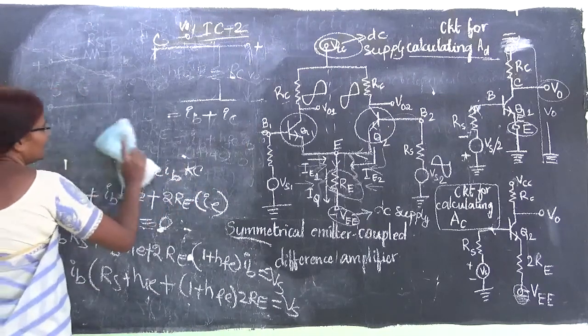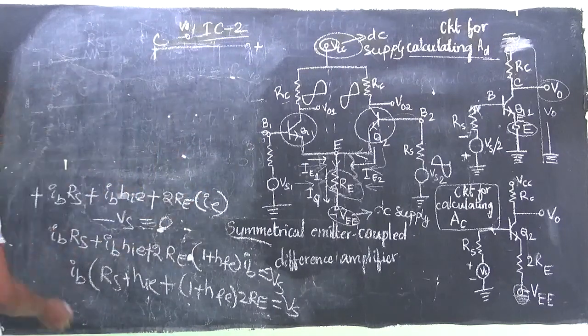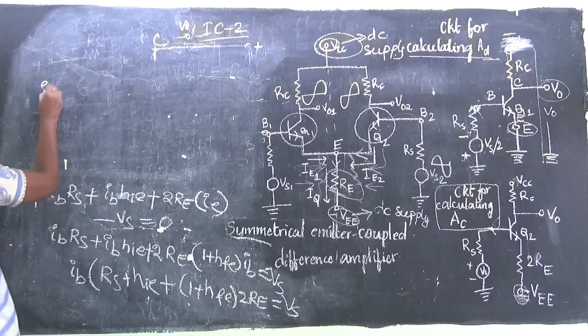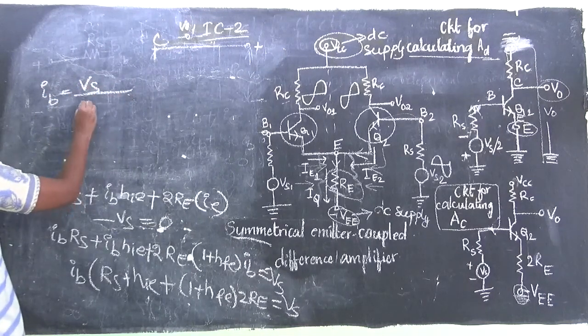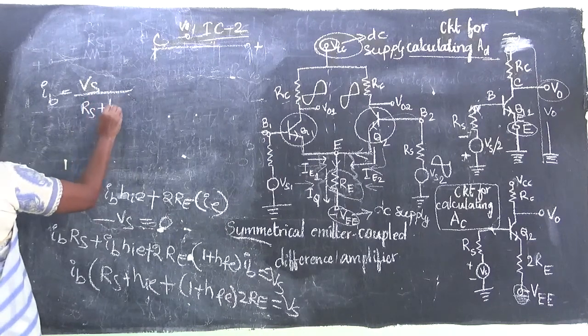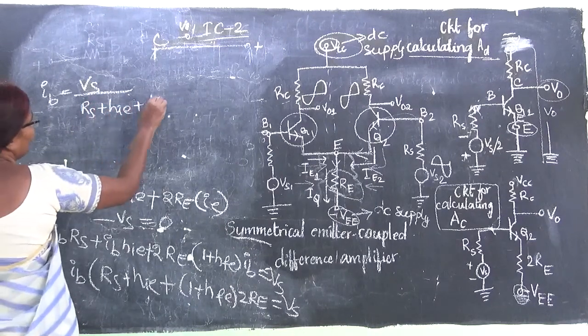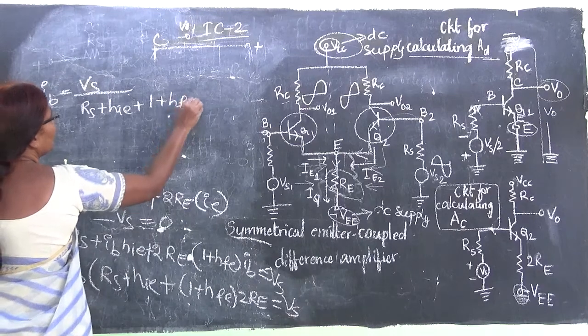My IB is going to be Vs by Rs plus hie plus (1 plus hfe) into 2RE.